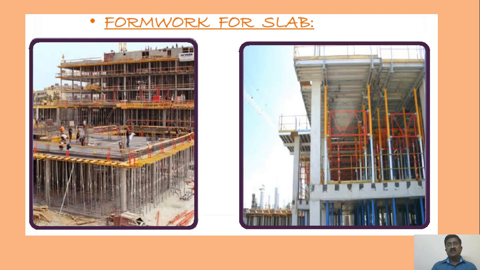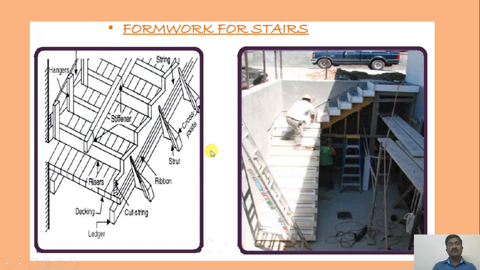And in the steel, there are facilities available to change the length of this post by using the threads. So nowadays, steel formwork is more popular in the construction industry. Underneath you can see the steel plates are there. Again here this picture shows how a former is used for the stairs.